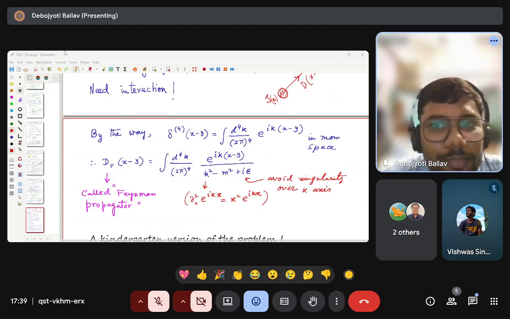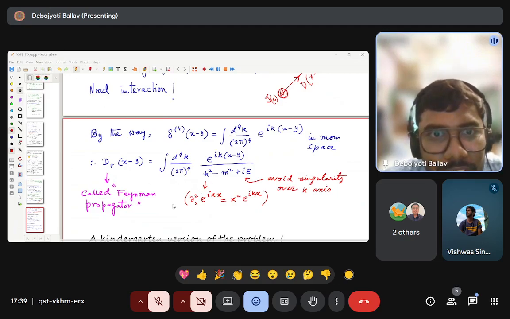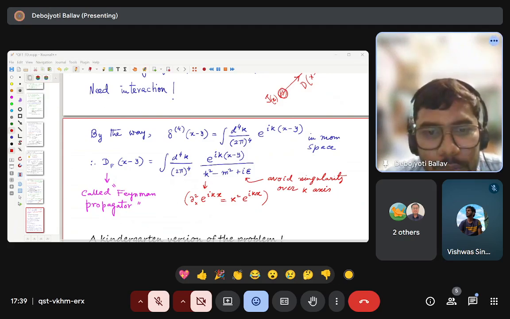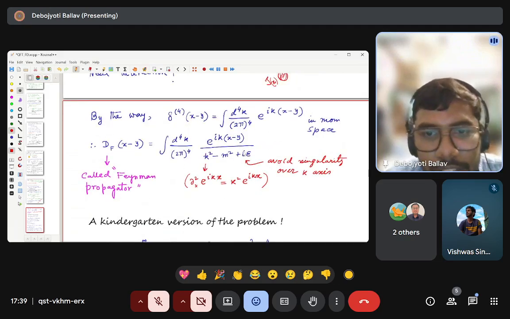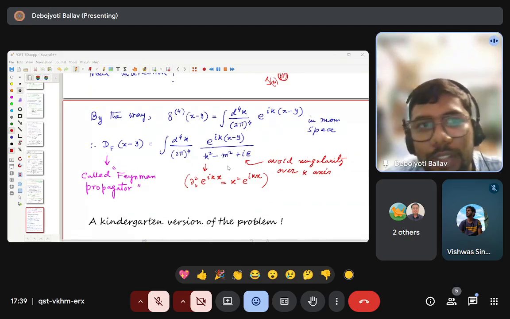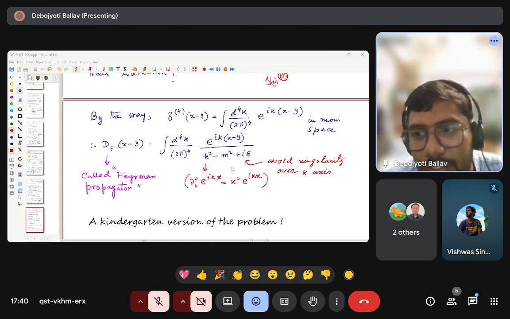Okay, now we are done with free field theory, nothing more. So we can go directly to interacting field theory. I'll give a kindergarten version of the problem. I don't do interacting field theory that much. So let's do interacting field theory. Any question about the free fields? We are done with free fields.